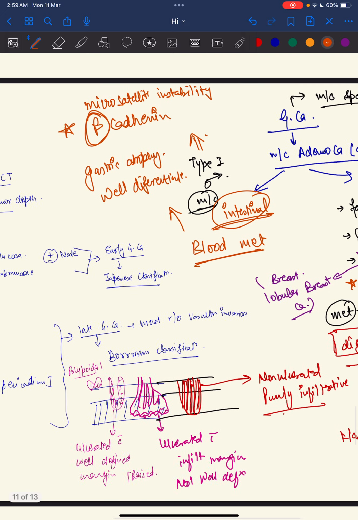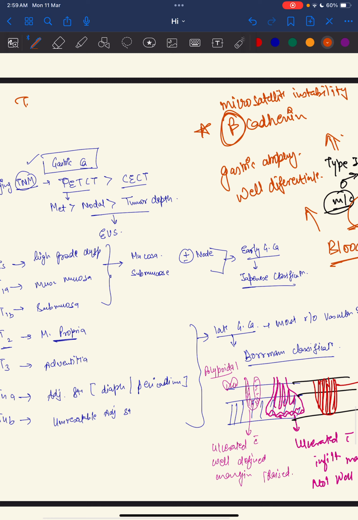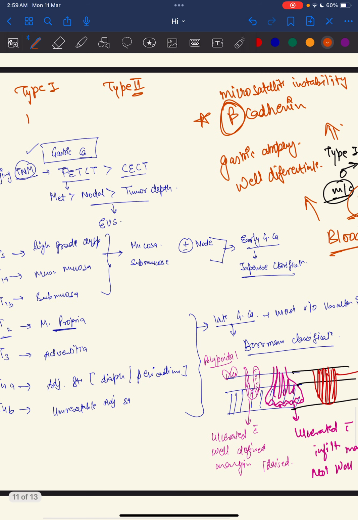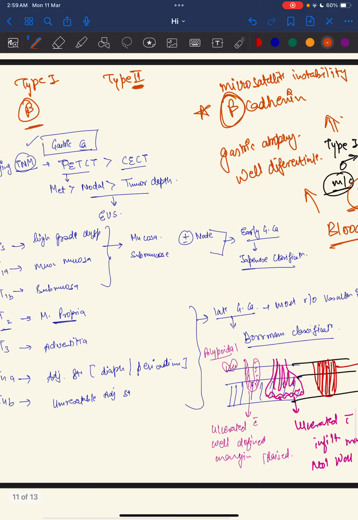We can also remember it as a cross mnemonic, the type 1 and type 2. 2 is B, but 2 is here, and type 1 is E, okay? So the cross mnemonic you people can remember for catenin.